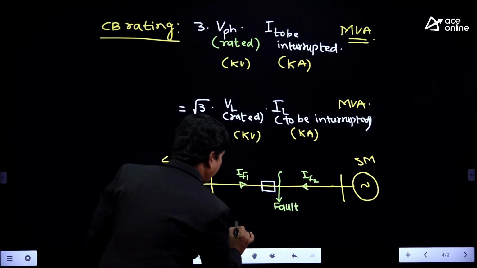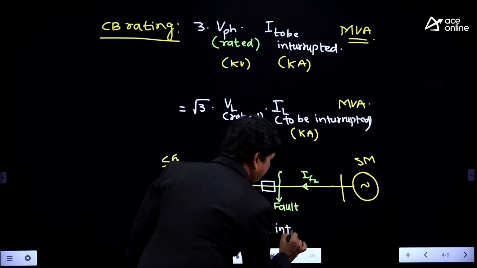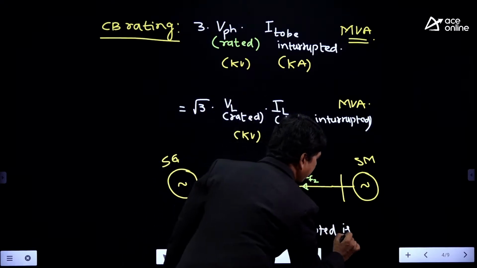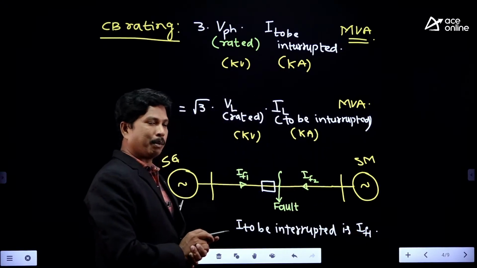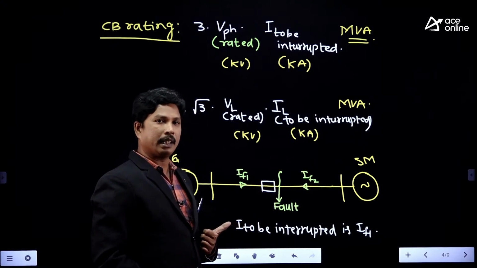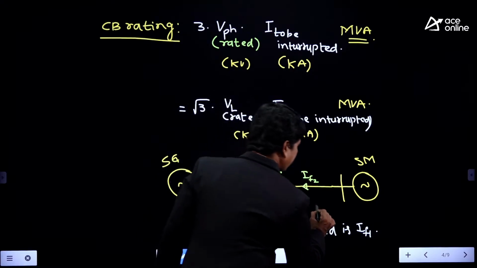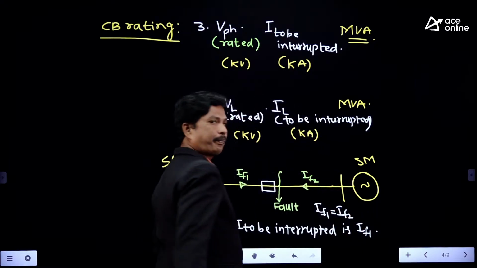Right? So, I to be interrupted is IF1. Why? Because IF1 and IF2 are both the same, because the fault is at exactly the midpoint of the line. IF1 is exactly equivalent to IF2.